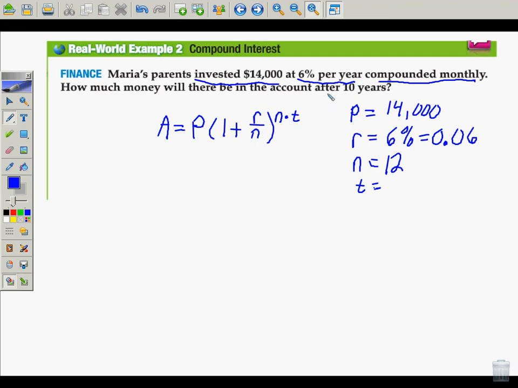Now all we have to do is plug in these numbers. The amount we have equals our principal, 14,000, times the quantity of 1 plus R, remember to write this as the decimal, 0.06 divided by n, 12, raised to the power of 12 times 10.